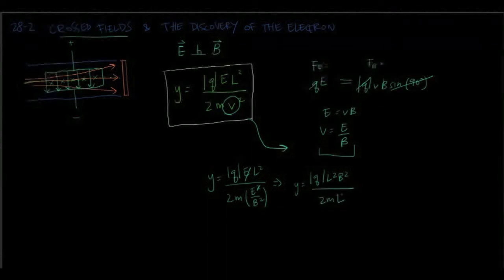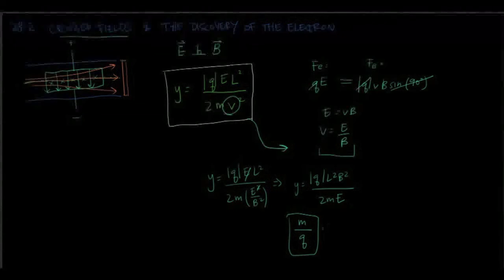Then you're going to manipulate this so that you put M over Q. This is what's known as a mass to charge ratio, which is the ratio of the mass of the particle to the charge.